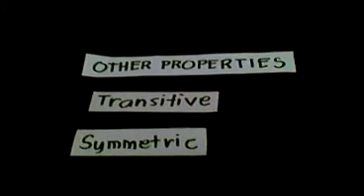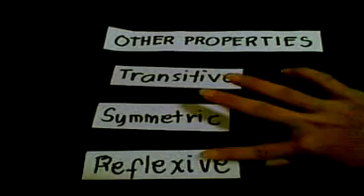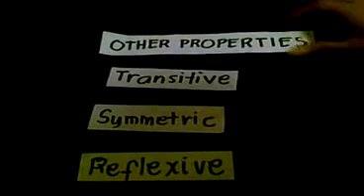After discussing several properties like the distributive property, associative property, commutative property, and zero property, let us also take into consideration the other properties such as the transitive property, the symmetric property, and the reflexive property. First would be the transitive property.